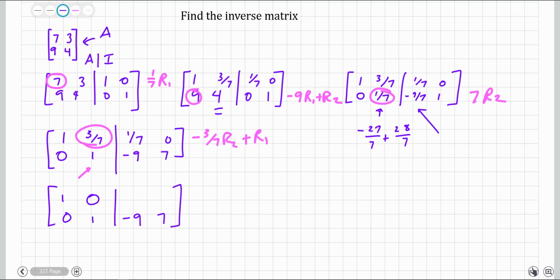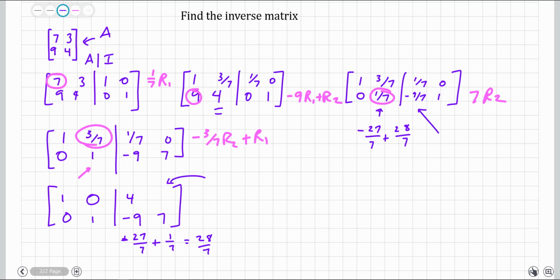The next one would be -3/7 times... -27/7 plus... I'm sorry, a negative and a negative would be a positive, right? Ooh, almost messed that one up. Which would be 28/7, which would be 4.